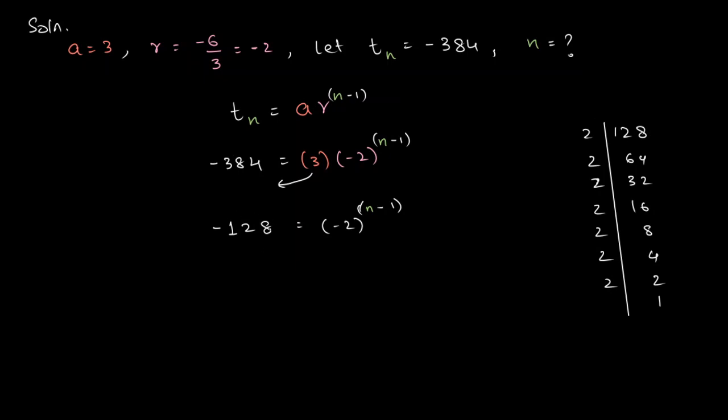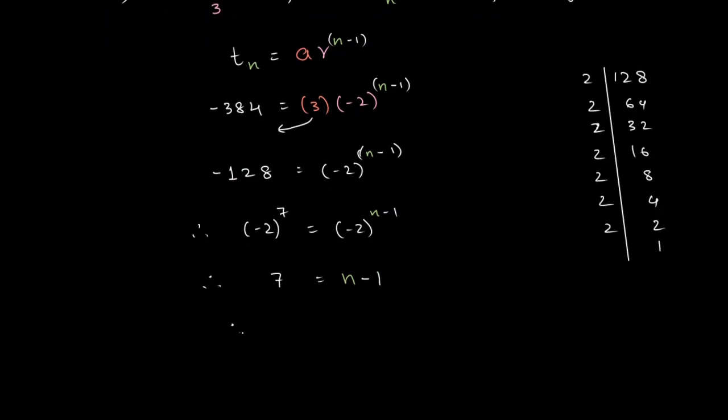So that means -128 can be written as -2 to the power 7, which is equal to -2 to the power n minus 1. Since both the left hand side and the right hand side have the same base, I can equate the two powers. So I can say 7 is equal to n minus 1. Rearranging this, I get the value of n as 8.